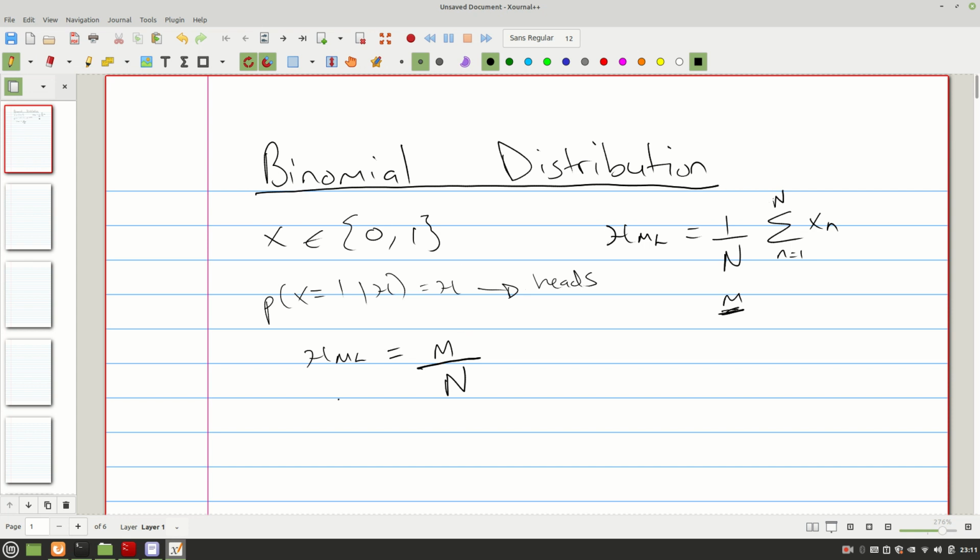So let's say we decide to flip a coin 5 times and we get heads 5 times, which means that N is equal to m is equal to 5. Then this means that the mu under the maximum log likelihood estimate will be equal to 1. So 5 over 5 is 1.